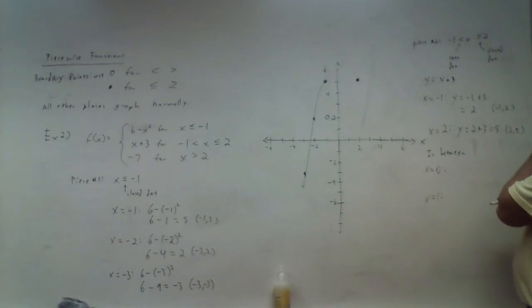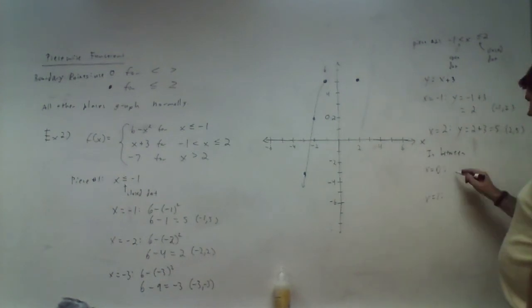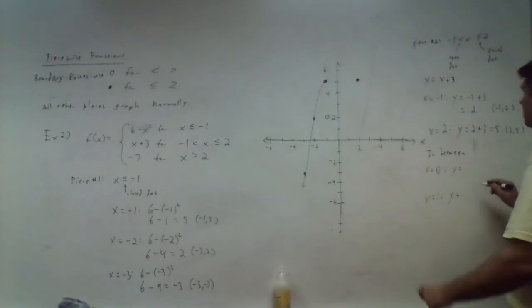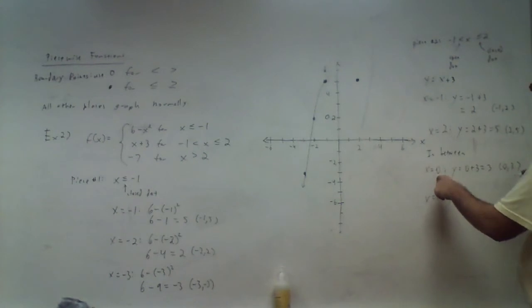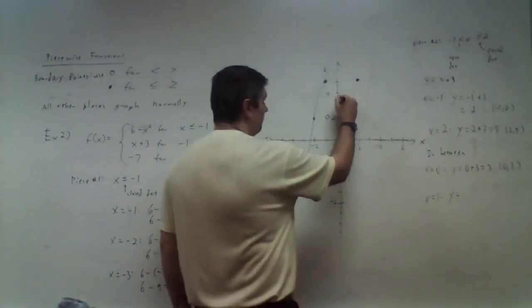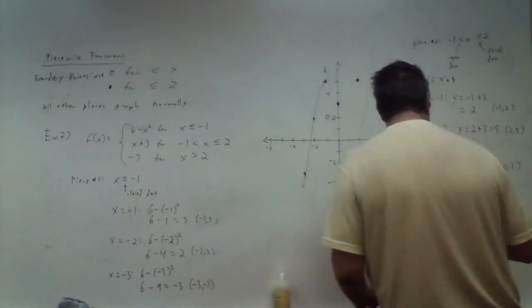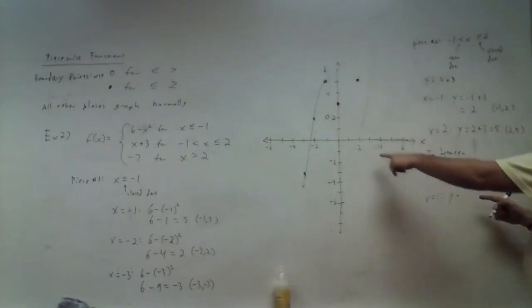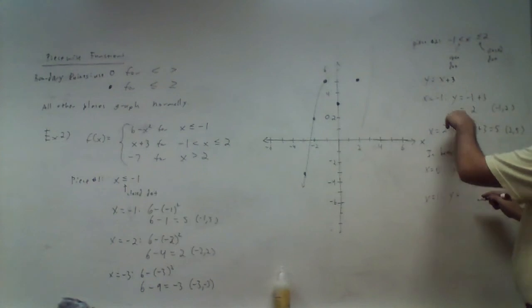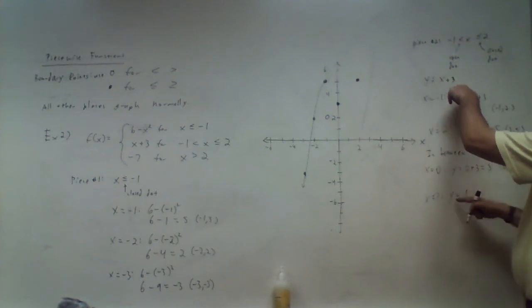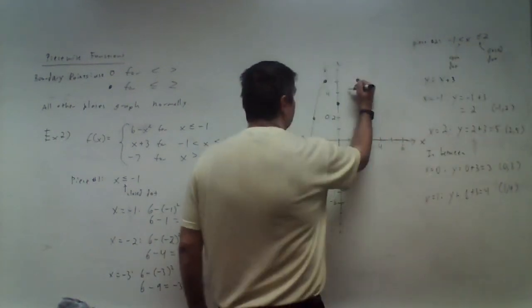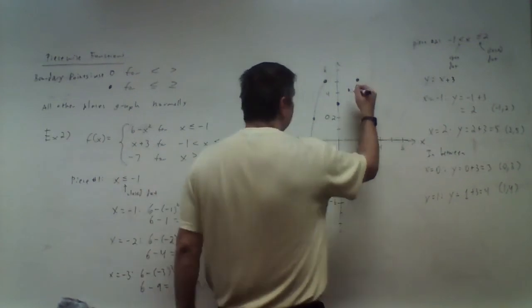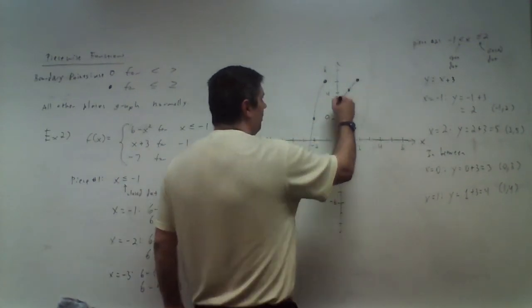So y equals 0 plus 3, which gives me 3, so we have 0, 3. Here, y equals 1 plus 3, which gives me 4. So 1, 4. It's a line, which is what we were expecting. So we put a line segment through.